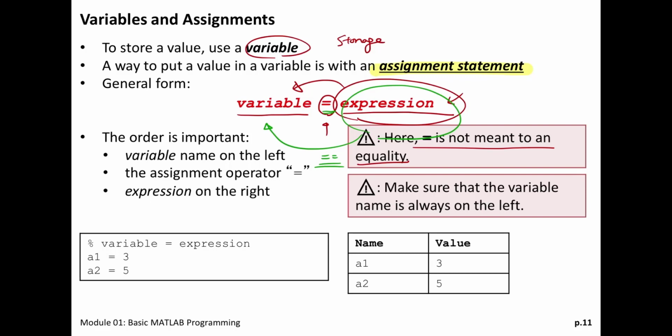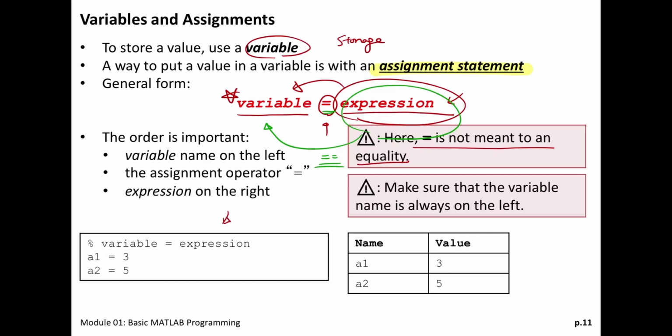I will cover this topic later. So always in this assignment statement, the variable is placed on the left hand side, and the expression that generates the value is placed on the right hand side.